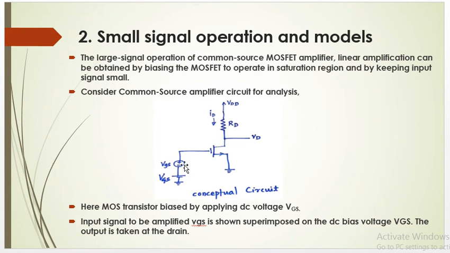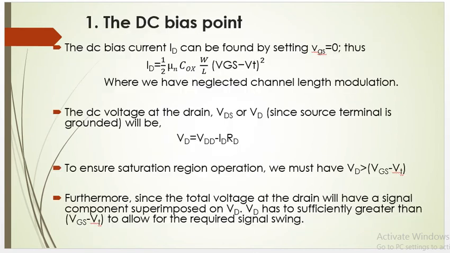So when vgs is 0, the current flowing through RD will be a DC current, represented with capital letters I and D. So in the DC bias point analysis that we have done, the output collected is VD equal to VDD minus ID RD.